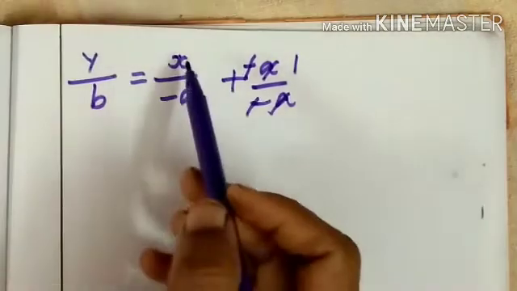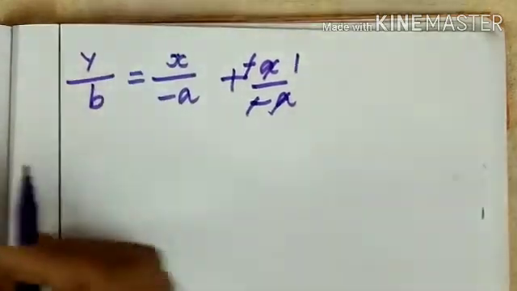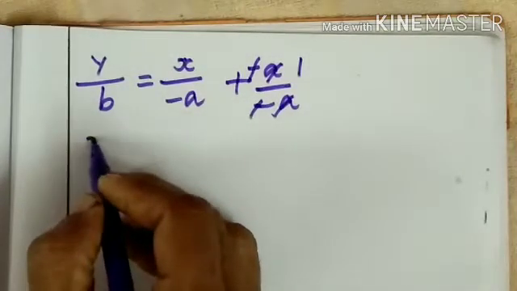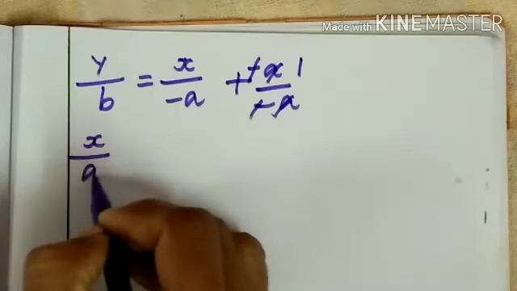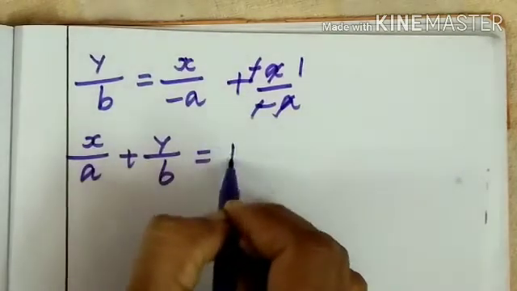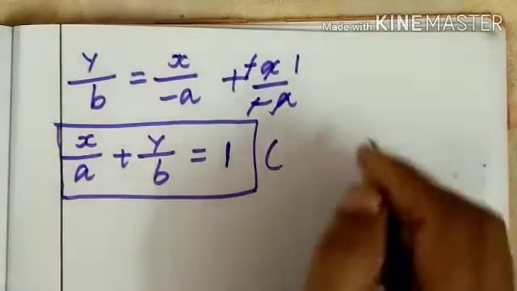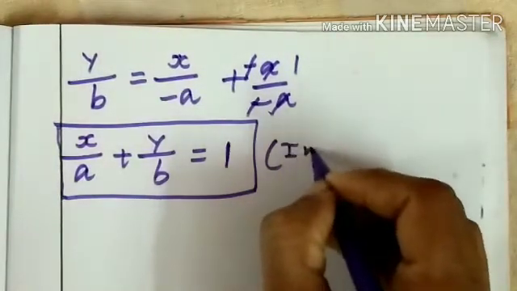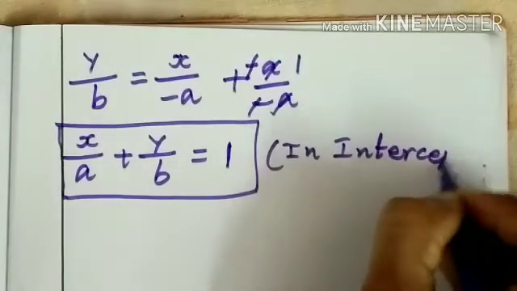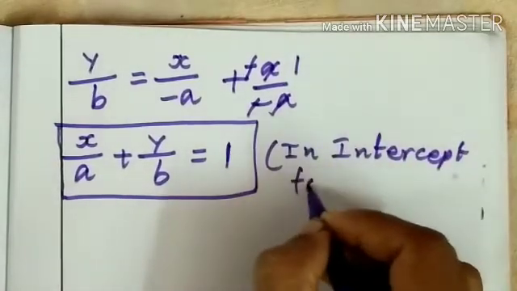Now you bring this term before the equal, means it becomes plus, that is x by a plus y by b is equal to 1. This is the formula in intercept form.